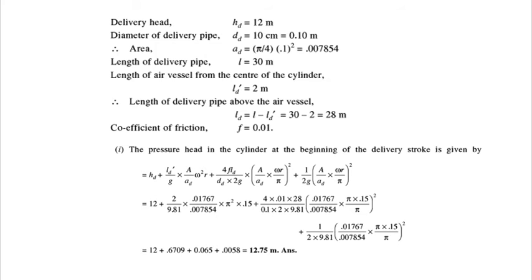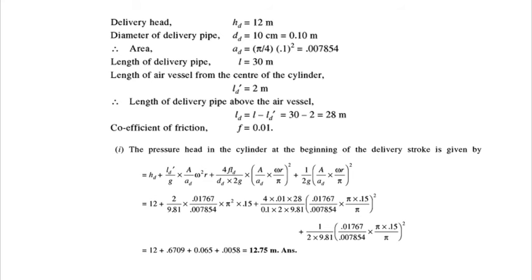Omega is pi, R 0.15, it is given in the question, plus 4F, F is the frictional coefficient, that is 0.01. LD is length of the delivery pipe above the air vessel, that is 28.